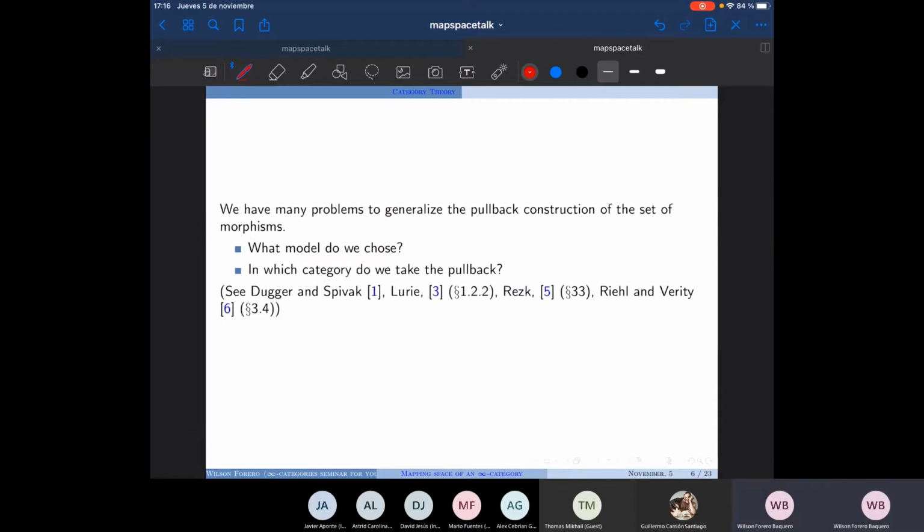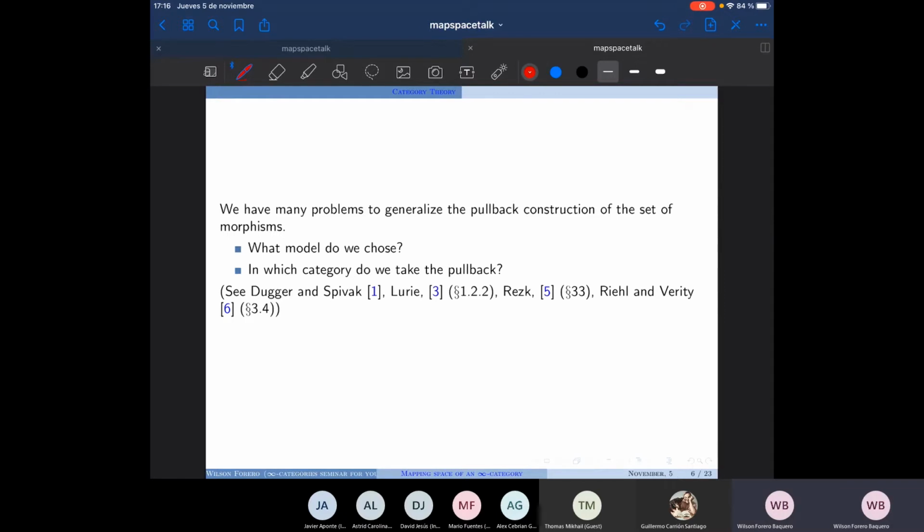So the first problem is what model do we choose? Because we have the model of Leary, the model of Rezk, and we also have model categories. And also in which category do we take the pullback? So we have some problems.